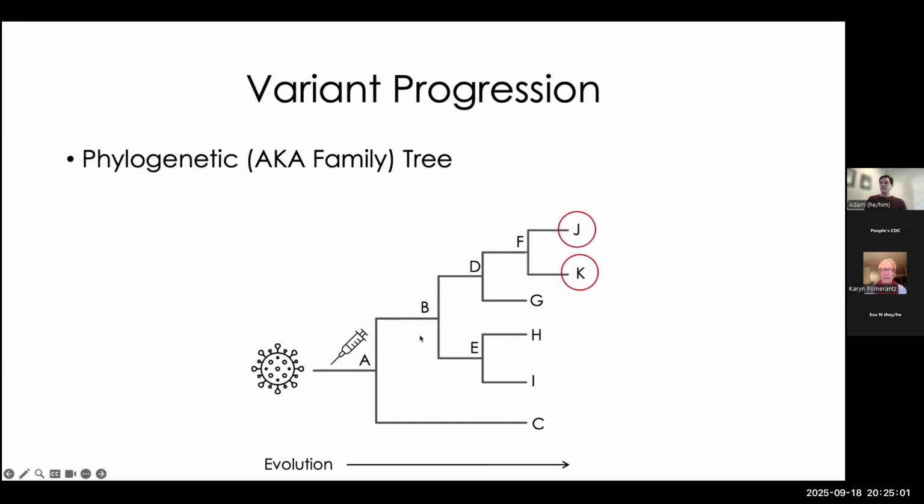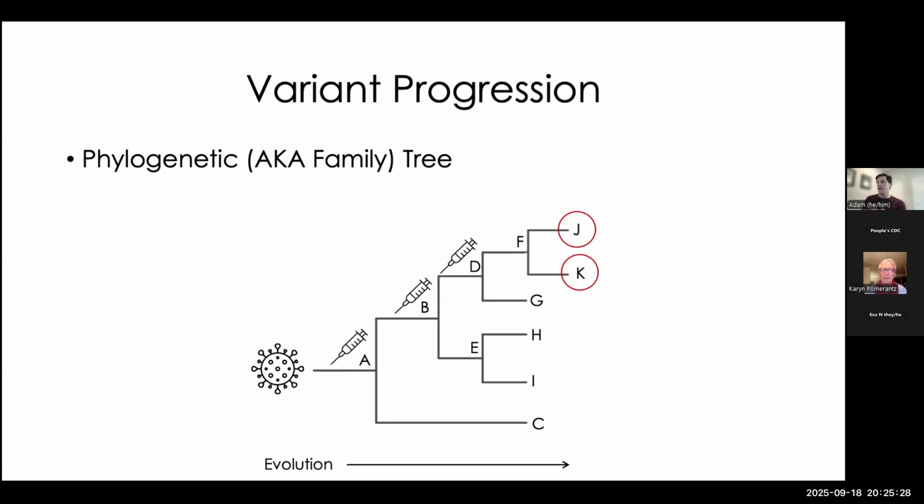However, a lot has changed with this virus to get all the way to J and K. Your antibodies for variant A can still work to a degree for J and K, but there's a lot of affinity maturation that has not happened. There is a lot of changes that your body has not been primed for. So if you get a booster for B, you're even closer to the more current variants.